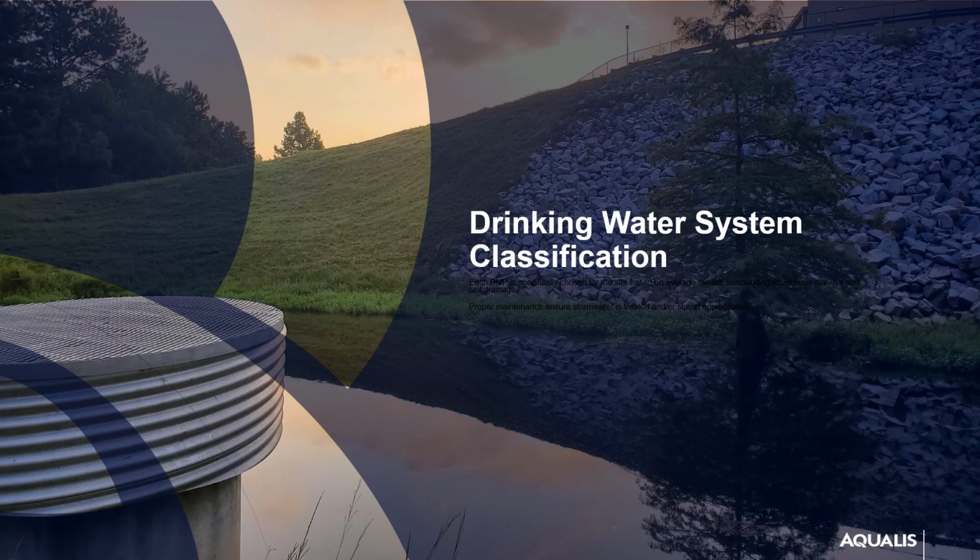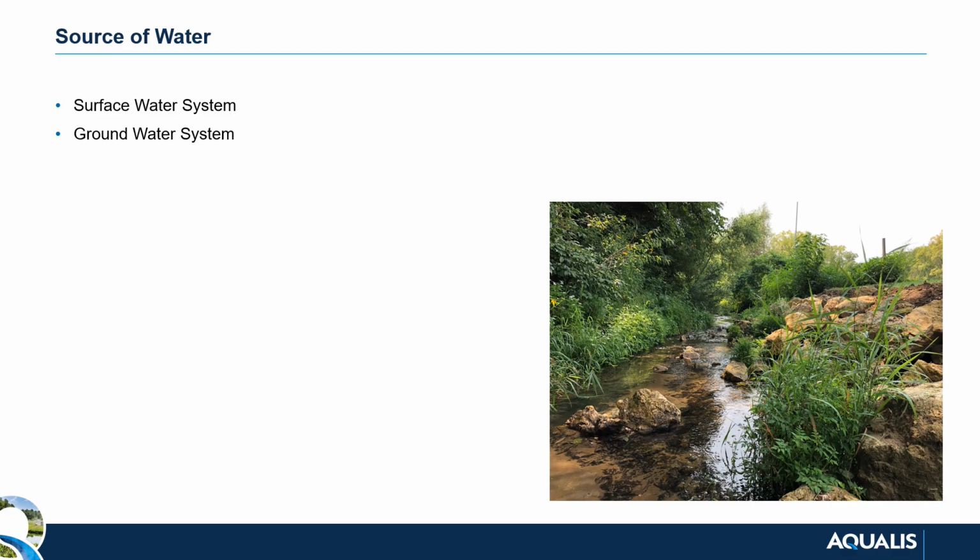Next, we'll talk about drinking water system classifications. Sources of water include surface water systems, which are water obtained from rivers, lakes, reservoirs, or other surface water bodies. Next are groundwater systems, which is water extracted from underground aquifers through wells and boreholes.